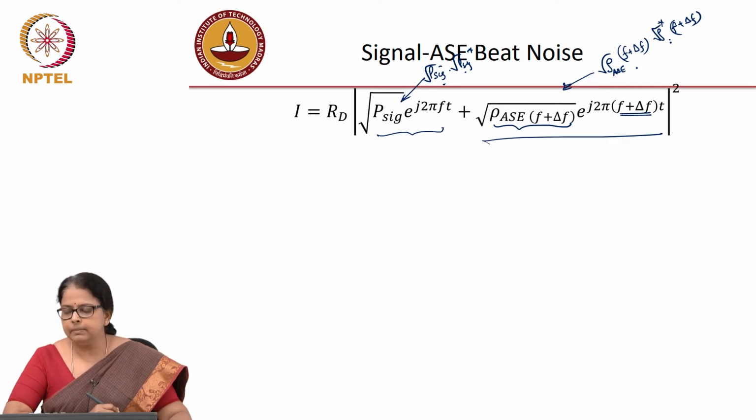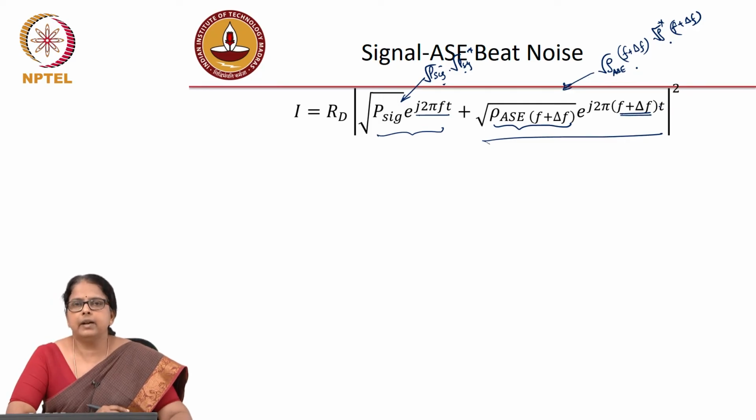The third term will have twice root P_sig, root P_ASE, and it will be at a frequency which corresponds to e^(j2πft) times the conjugate of e^(j2π(f+Δf)t). So, the beat frequency will be at Δf t, right.